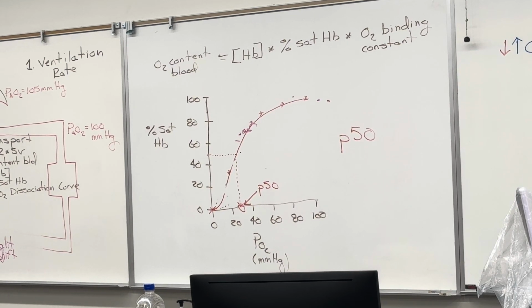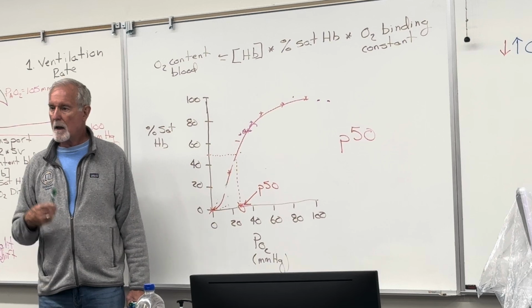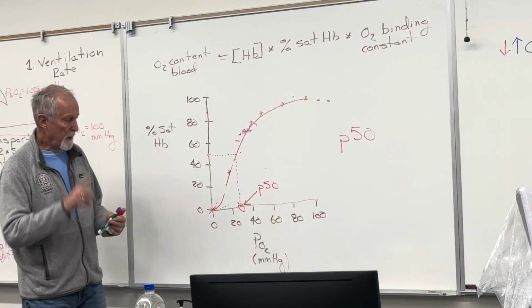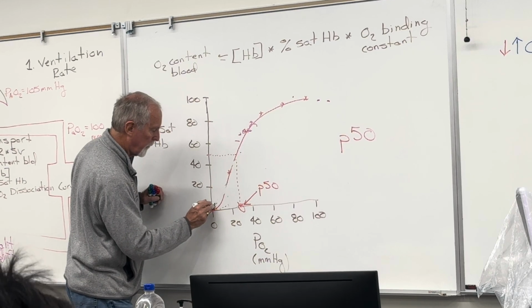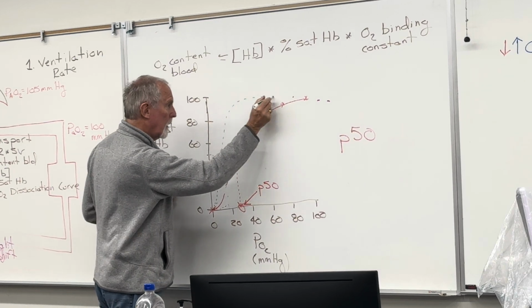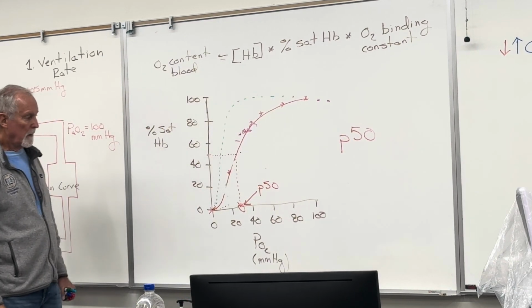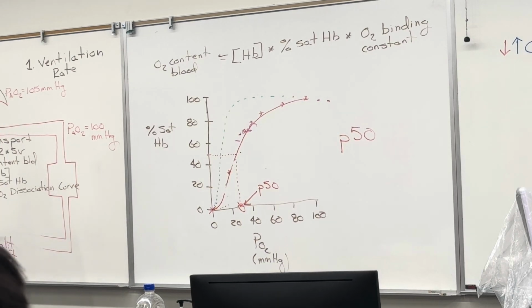So here's our normal P50 for any one of us in this room. Our P50 is right around about 27 millimeters of mercury. But here's the O2 dissociation curve for fetal hemoglobin. And Mr. Kopp, what's your best guesstimate the P50 would be for this different type of hemoglobin? 12.